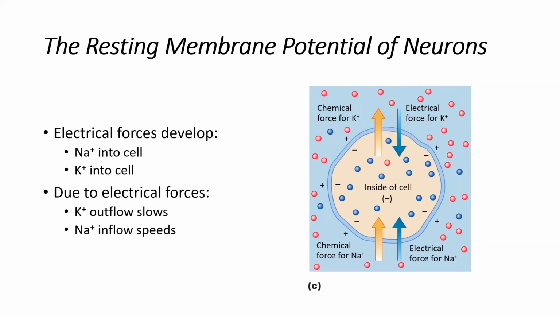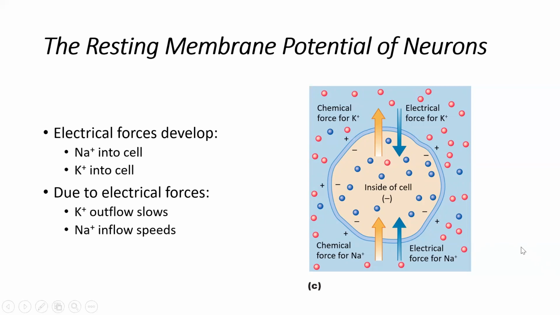We're going to have to subtract the smaller force, which happens to be the electrical, from the chemical force. And so we're going to end up with a smaller value here in terms of the outflow of potassium. So potassium is basically going to be trickling out of the cell. It's going to be moving much slower out of the cell because it has an opposing electrical force that's trying to drag it back into the cell.